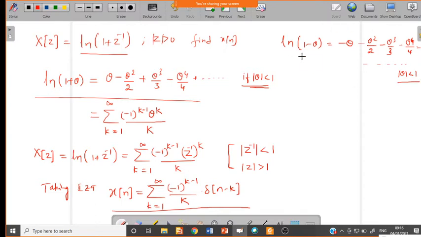If it is like this, then you can apply this formula. For example, if I give ln of 1 minus z inverse, then you have to apply this formula and you can get back the value of x of n. So these are some of the standard formulas you have to use for finding the inverse z transform of X of z, or you can calculate the time domain signal. Is it understood? Any doubt?